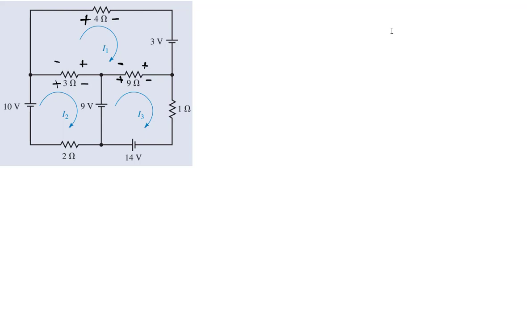So let's write these. Now this is, as you see, plus and minus. So that's loop 1: 4 multiplied by I1, plus 3, which is the source, the battery, plus 9 multiplied by I1 minus I3.